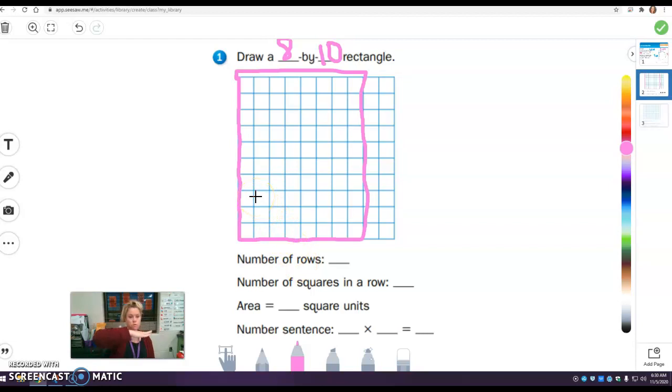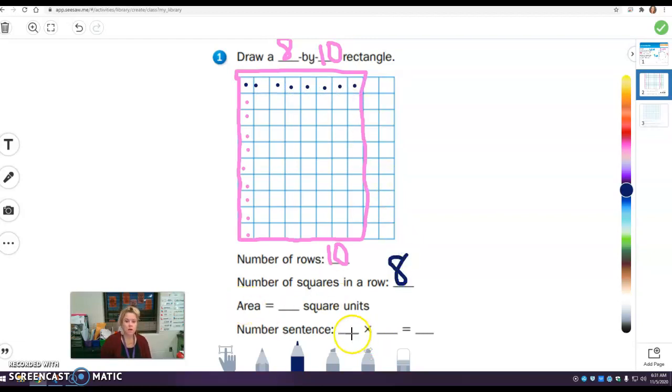All right, so we need to know the number of rows. Remember, our rows go across, so we have 1, 2, 3, 4, 5, 6, 7, 8, 9, and 10. So we have 10 rows. And the number of squares in each row, we have 1, 2, 3, 4, 5, 6, 7, and 8.